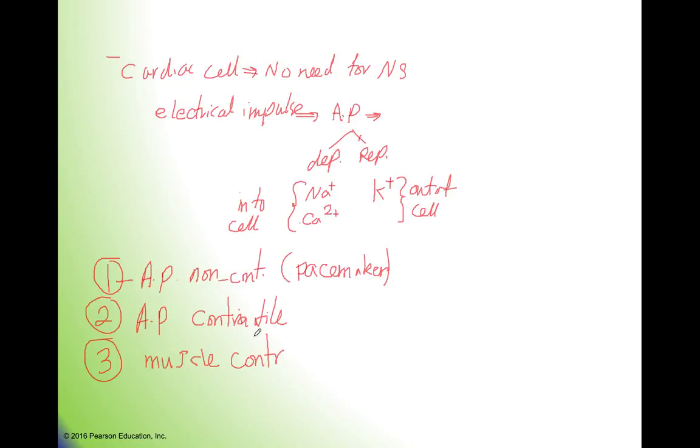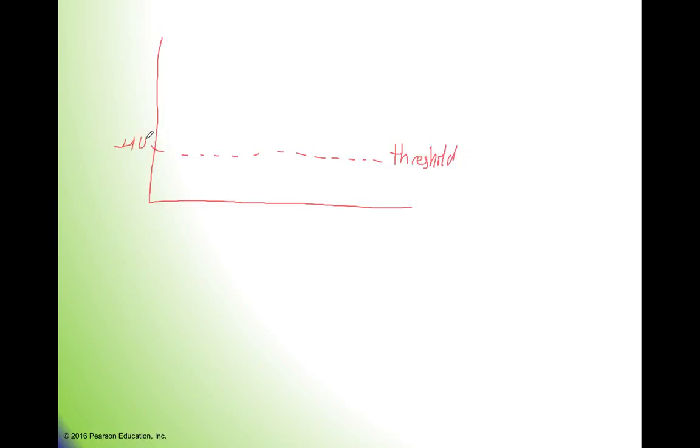Last time, our goal was to review the action potential in non-contractile cells. If I create the chart for you to review the concept again, we had a threshold that was set at negative 40 millivolts. Another number we learned is negative 60.